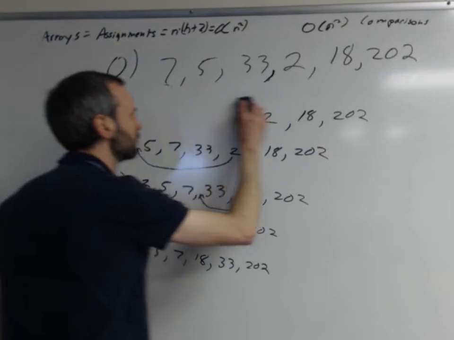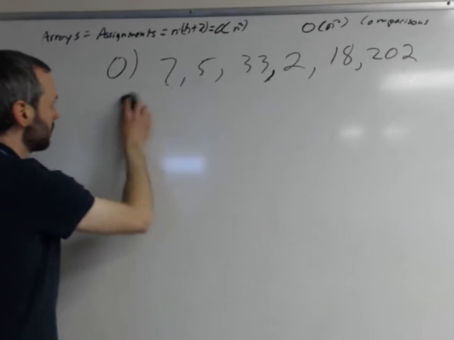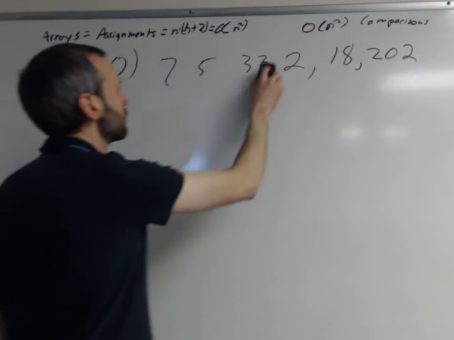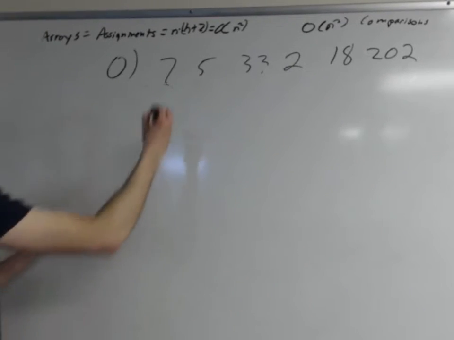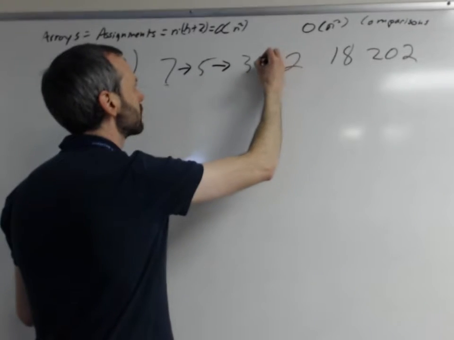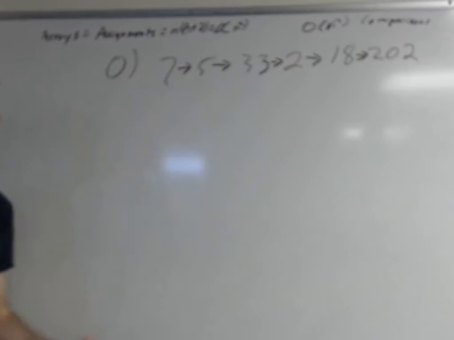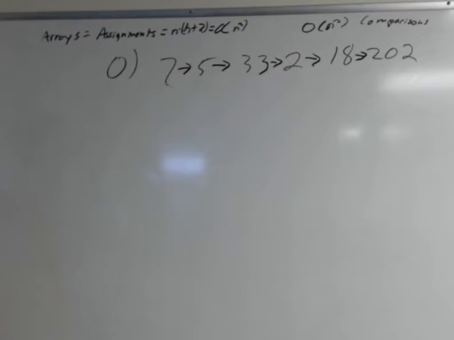Let's do this for a linked list. You understand why there are arrows now? Because we're using pointers.